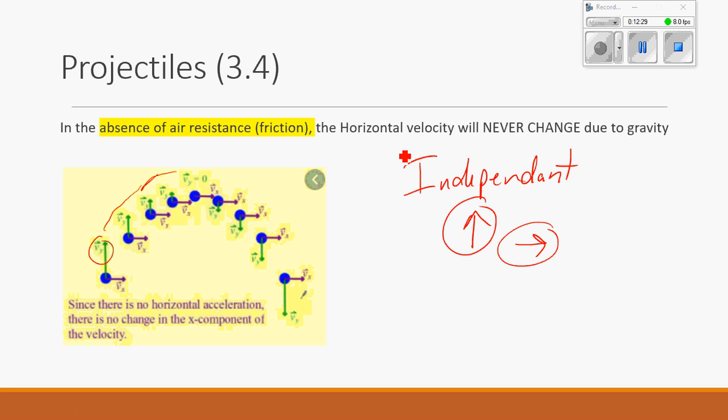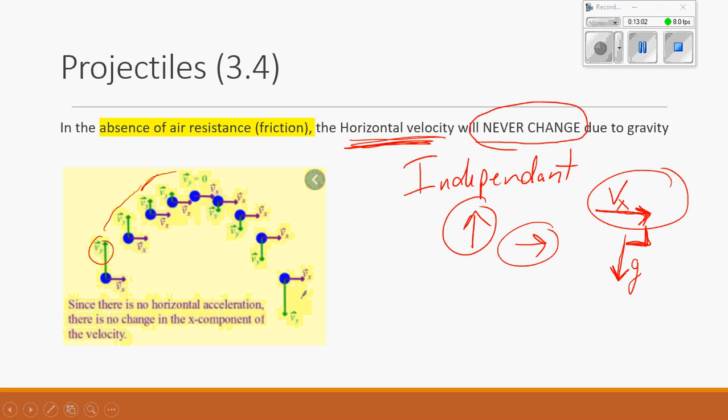But really, now we want to talk about the horizontal velocity, because this says it never changes due to gravity. And the reason is because velocity in the horizontal is in that direction. Little g is completely perpendicular to it, which means there's going to be no acceleration or change in the velocity in the x direction due to little g, because that force of gravity is completely perpendicular to the x velocity.